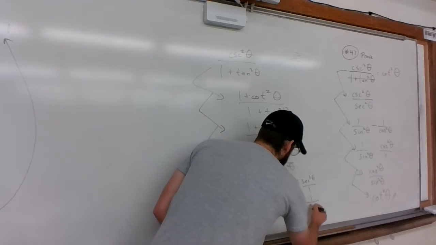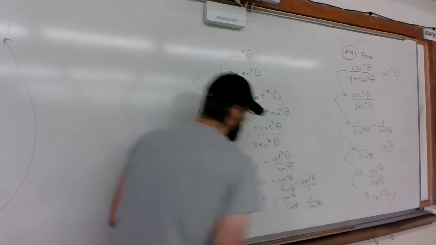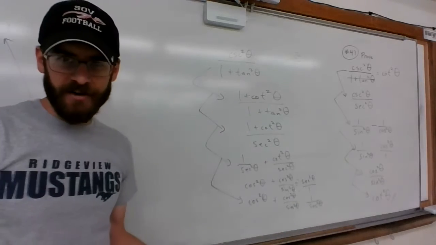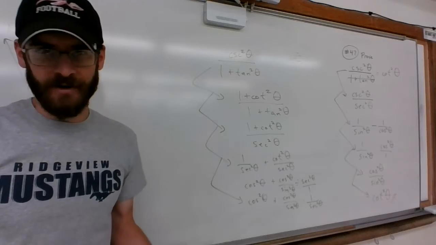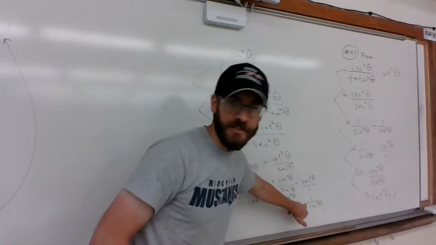Times 1 over secant squared. But secant squared is the same as cosine squared if it's flipped, which it is.